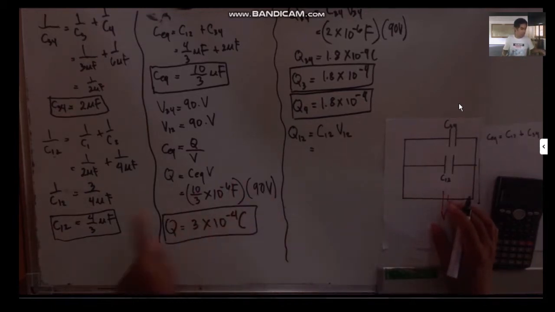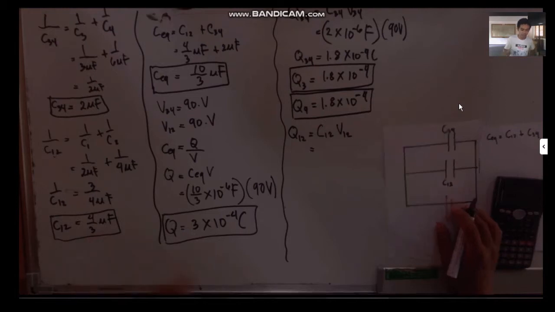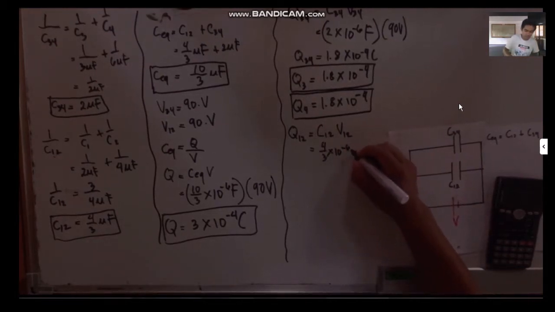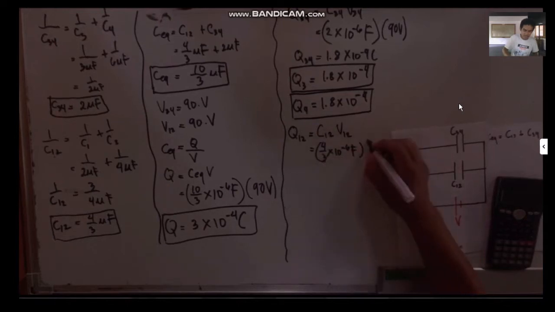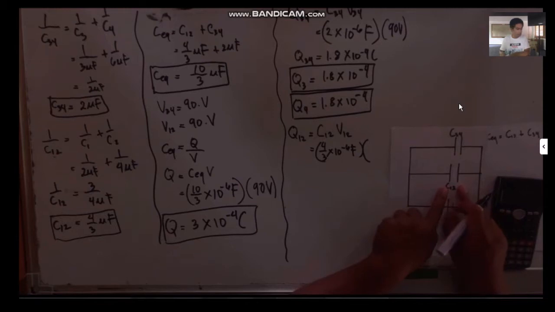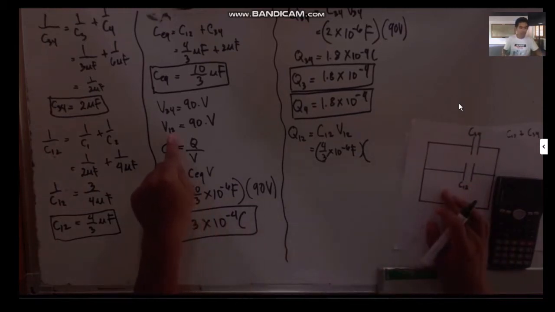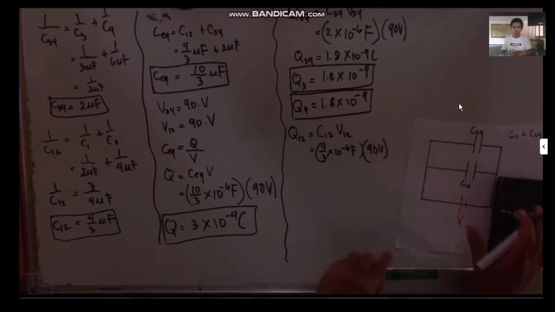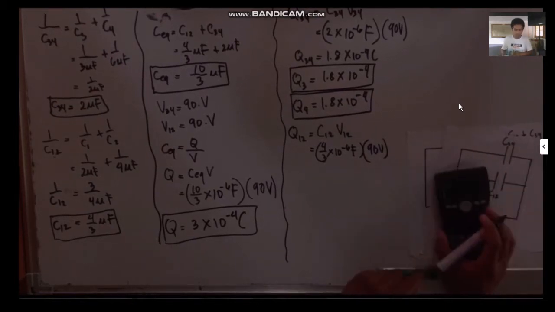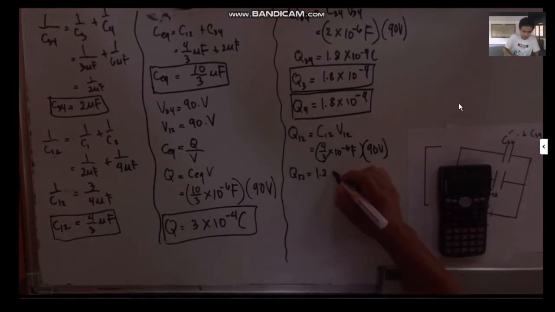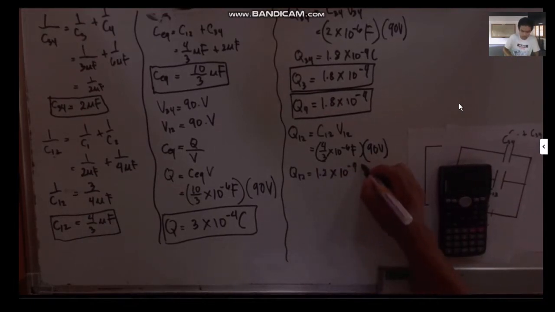This is 4 over 3 microfarad, or 4 over 3 times 10 to negative 6 farad, times the voltage across 1, 2. The voltage across 1, 2 is 90 volts. And that is equal to 1.2 times 10 to negative 4 coulomb.